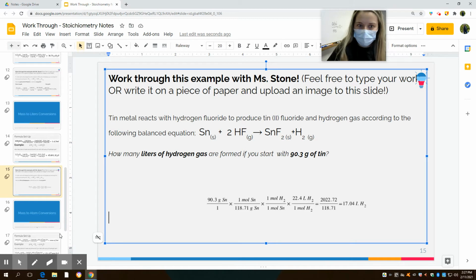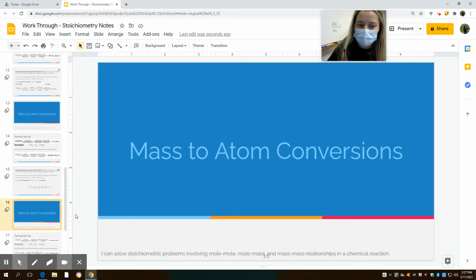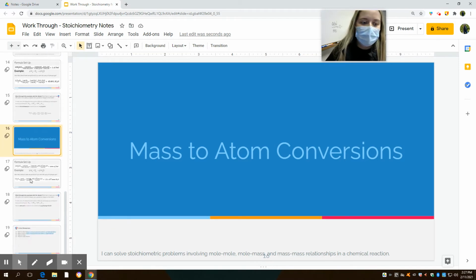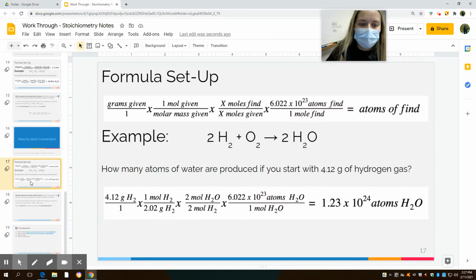Okay? So that's for liters in mass. We also need to talk about mass to atoms. So that's going to be our next set of notes. And they're really brief, so I'm doing them both together. So notice our formula setup.